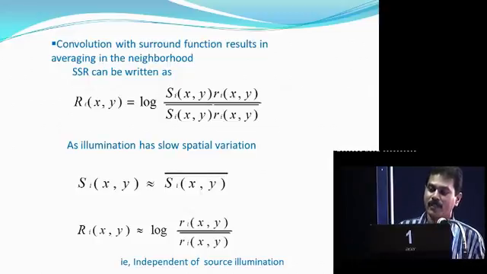The image is always a combination of reflectance as well as illumination. Since the illumination is always slowly varying, it has low spatial variation, so the average value is taken as almost the same. Then we can say that the Retinex value is almost independent of the source illumination. This is the main concept behind the Retinex algorithm.